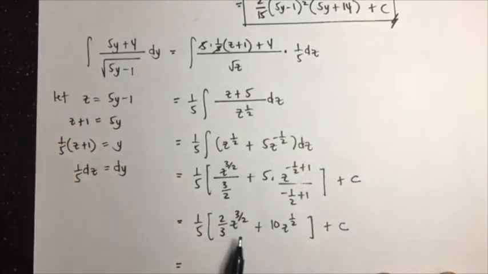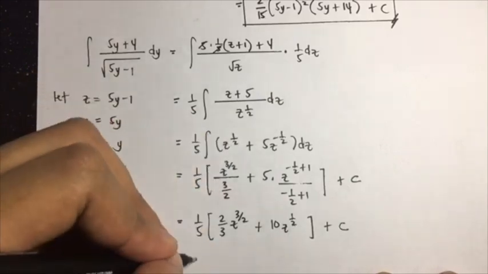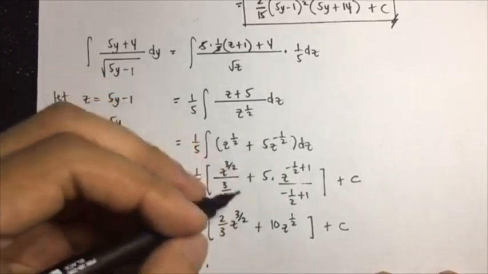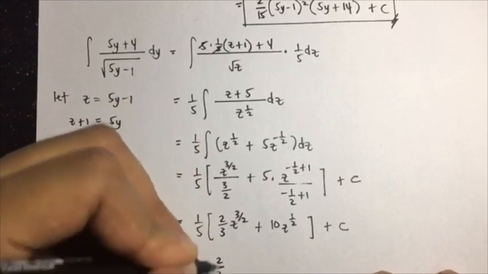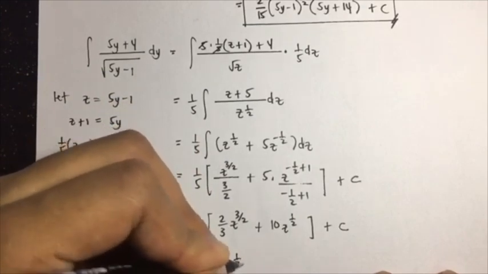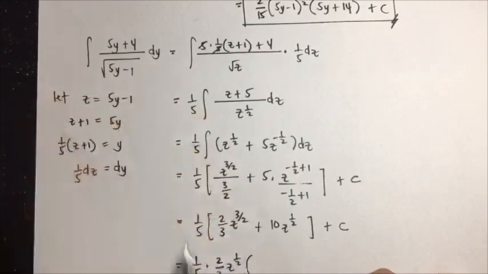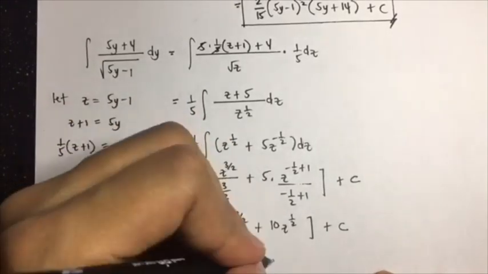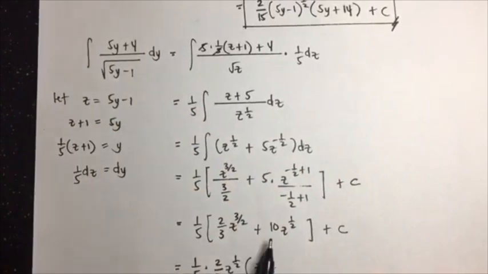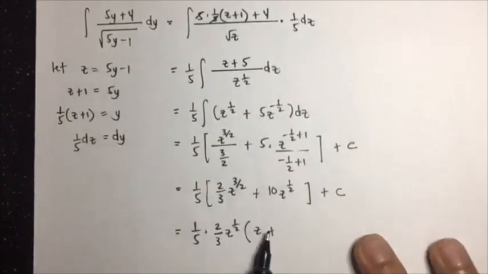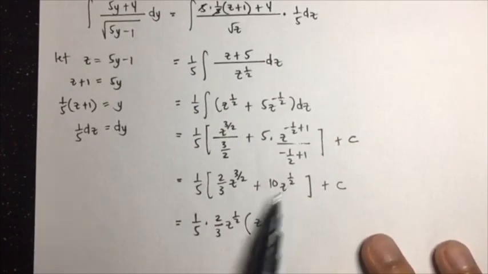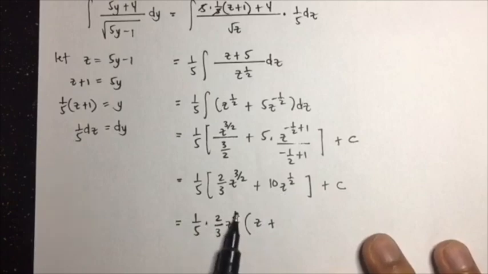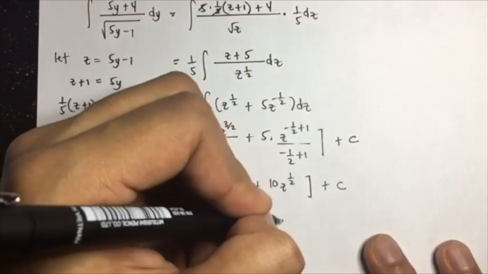We can factor out 2/3 and z raised to 1/2, so we have 1/5 times 2/3 z raised to 1/2. What will remain is z plus 10z raised to 1/2 divided by 2/3 z raised to 1/2, that is 10 divided by 2/3, so that will be 15.